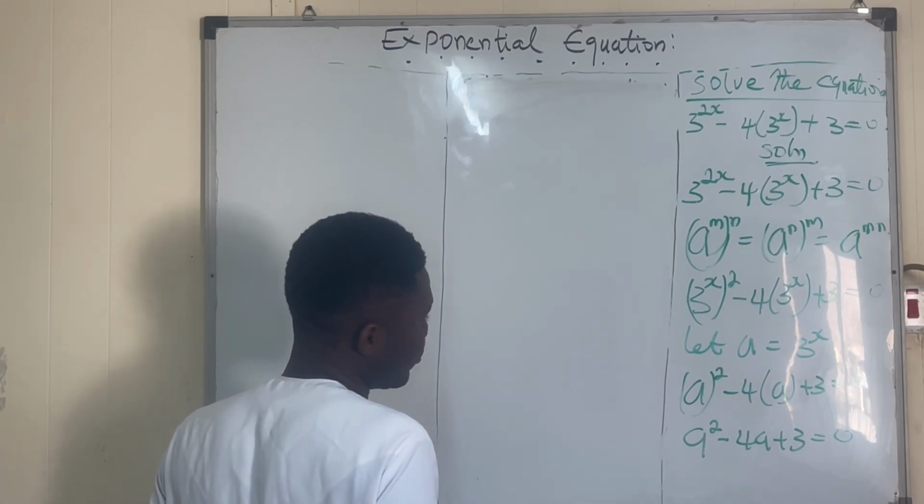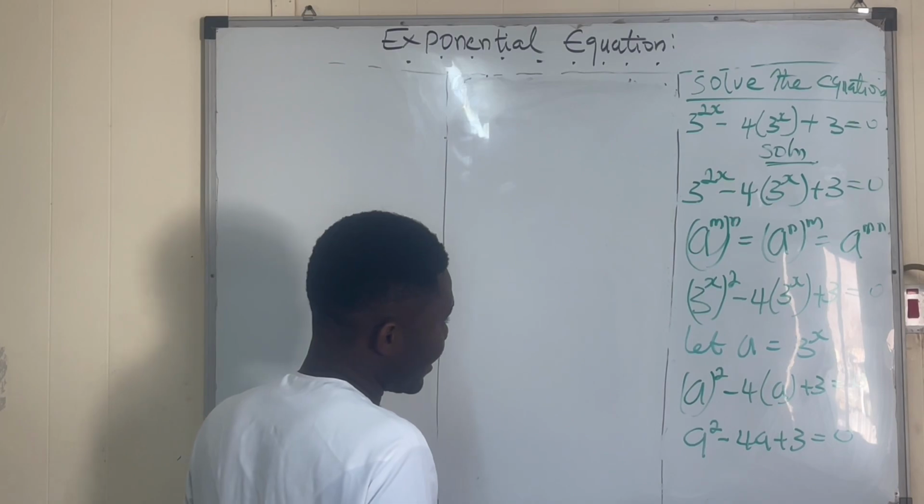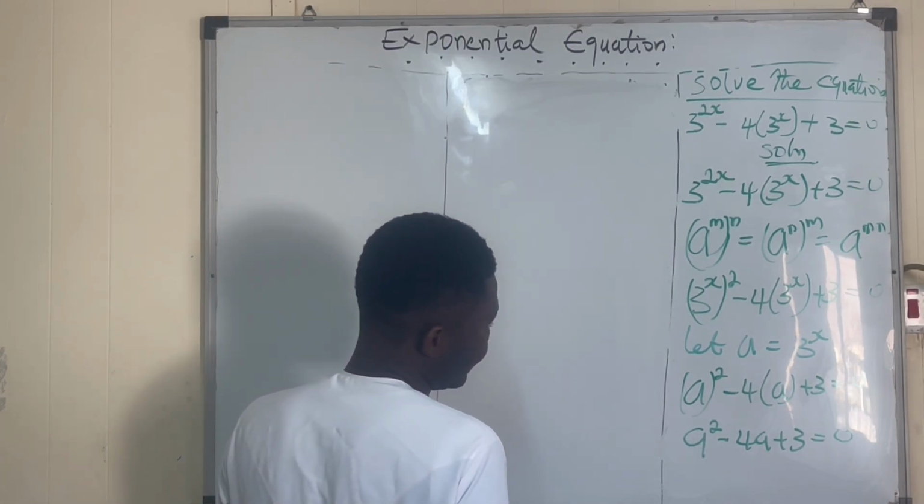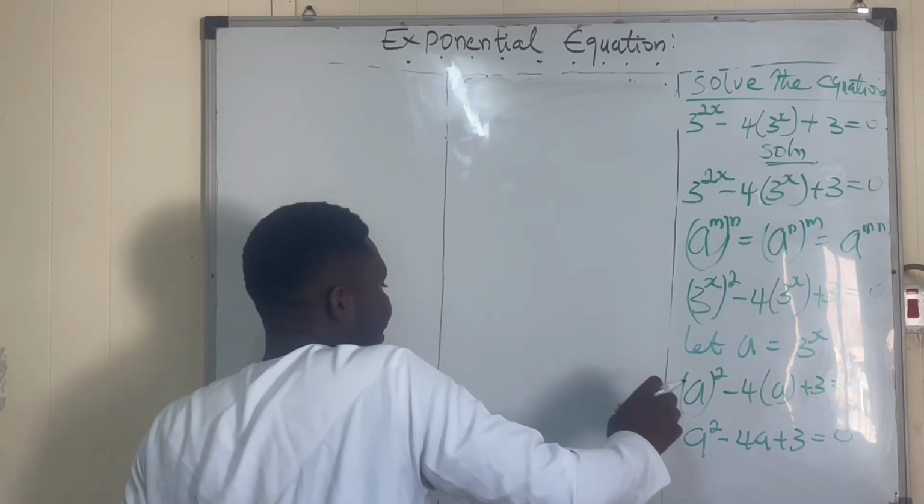So you can use any method in solving a quadratic equation. We can use the factorization method or the one I titled the Nnamdi Carlos formula method. When you go back to my previous videos, you will find the way I derived the formula, and we call it the Nnamdi Carlos formula method.